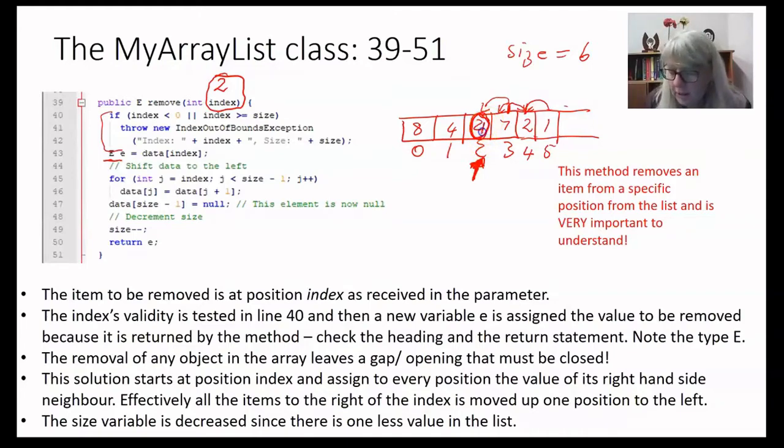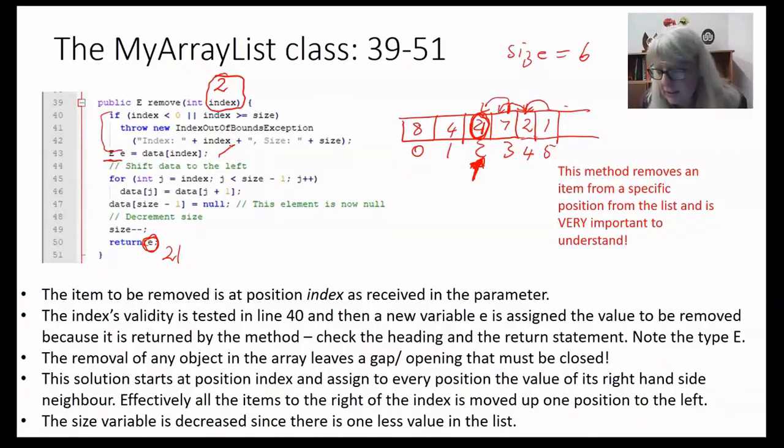So let's make it a 21. So I'm going to store that 21, which is at position 2, into E. What will happen with it? It will be returned. So this is what we predicted this method to do. It returns the value stored at the specific index. Okay, so that we understand.